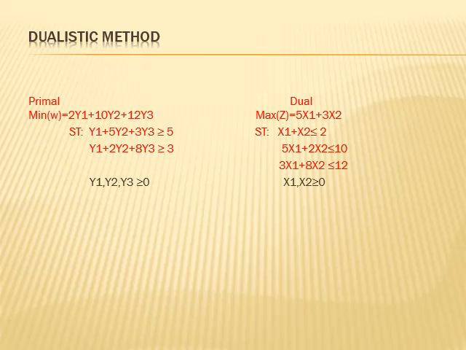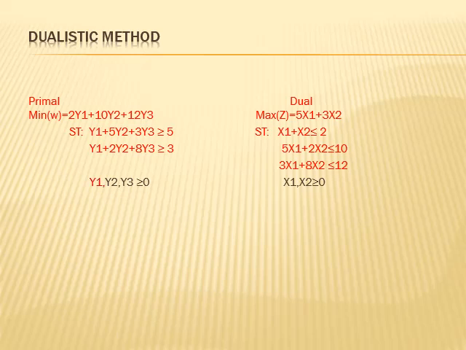Then 3 constraints equal 3 variables in the primal. Two variables in the dual equal 2 constraints in the primal. Okay.